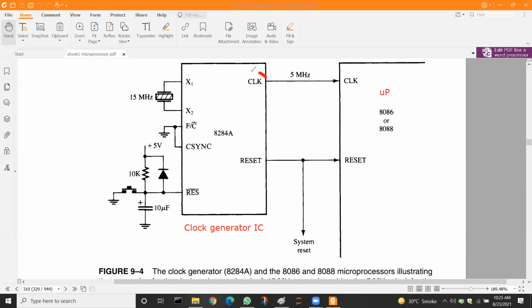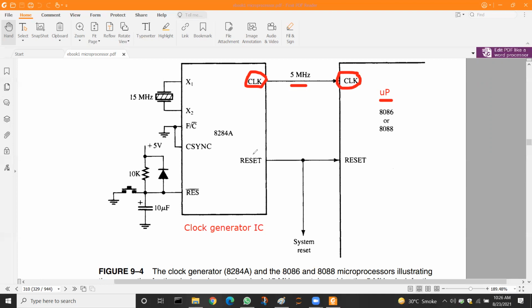One is called the clock. It is connected with the clock, and in this case, because it is a very old version of microprocessor, it is using 5 megahertz. Whereas today's microprocessors are using 4 gigahertz, 3 gigahertz. These are the common speeds right now.